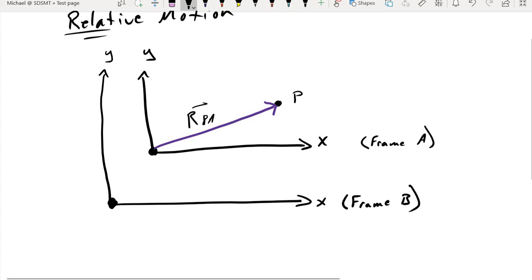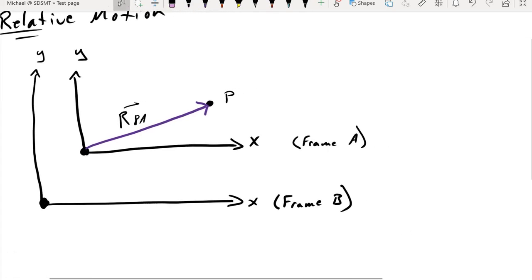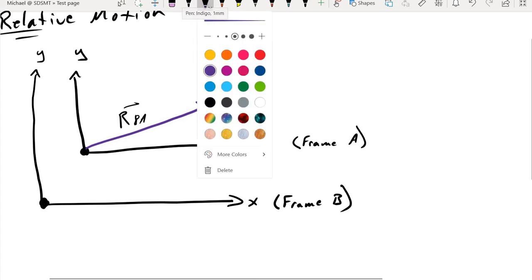I made this example pretty straightforward in having both the x and the y axes running parallel to each other, but we just as easily could have rotated one of those reference frames. But for an introductory discussion, this will serve our purposes quite well.